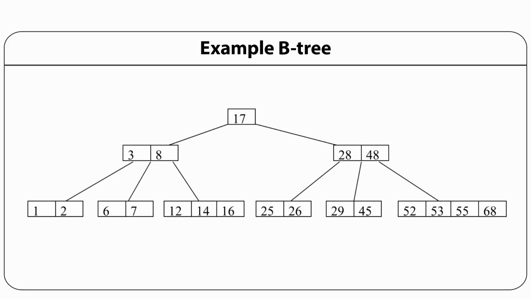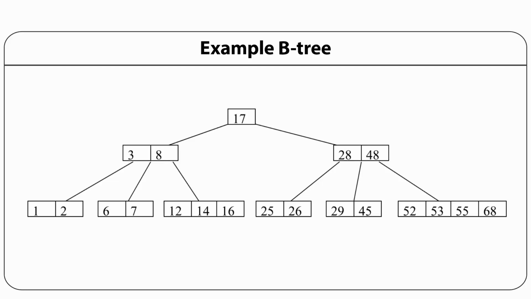Here you can see that the root node is 17. On the left hand side we have two values, 3 and 8, which are smaller than 17, and on the right hand side we have two values which are greater than 17, that is 28 and 48. In the further branching on the left, node 3 has two values, 1 and 2, to its left.